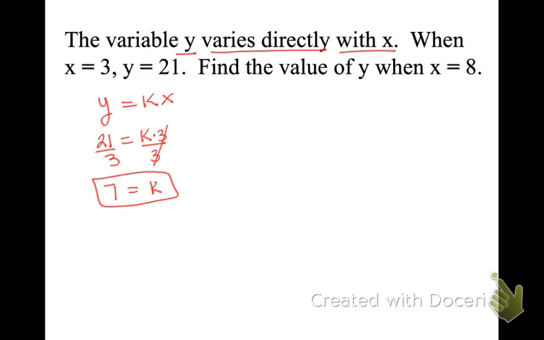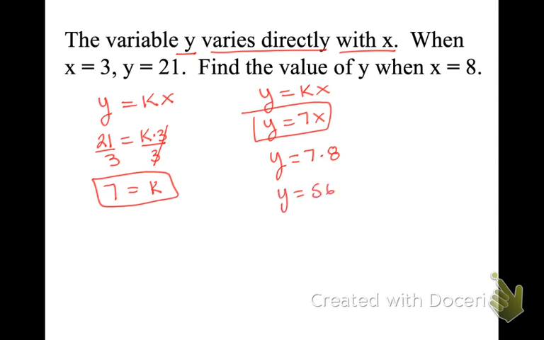Once we know what that is, we rewrite it, y equals kx. We substitute in y equals 7x. And then this is our direct variation equation right here. So if they want us to just write that, that's what we do. But then it says find the value of y when x equals 8. So I substitute in y equals 7 times 8, so y equals 56.